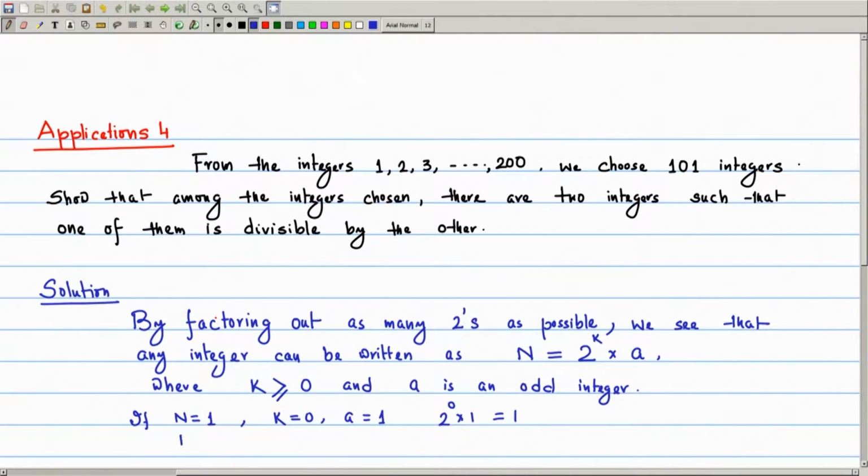Similarly, if n equals 2, then k equals 1 and a equals 1, since 2 to the power 1 into 1 equals 2.